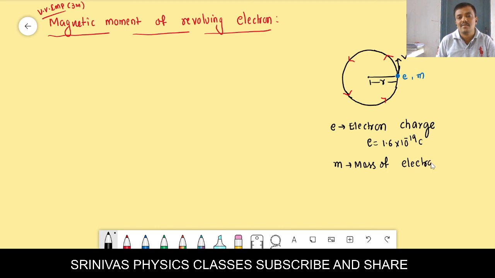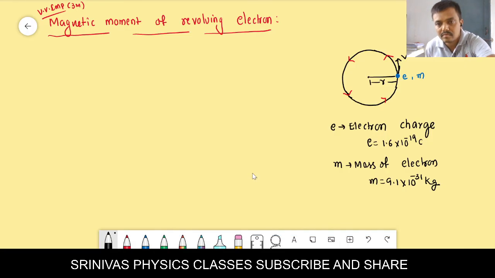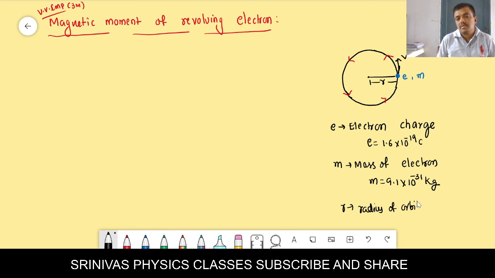Do you know the mass of electron? 9.1 into 10 to the power of minus 31 kg. Next, r is the radius of orbit. What is v? Speed of electron in orbit.